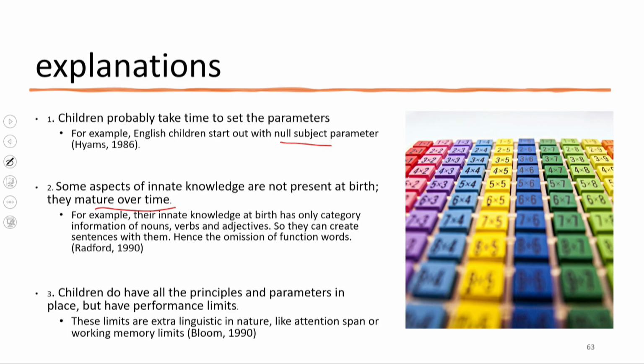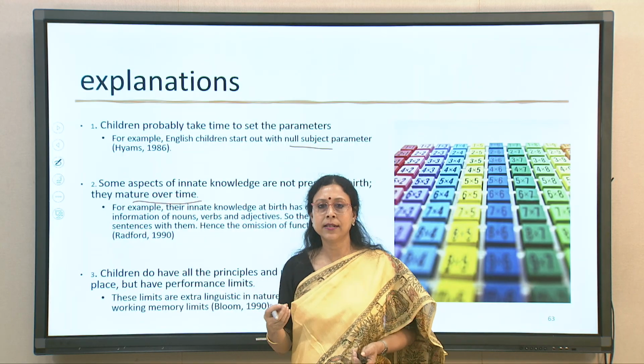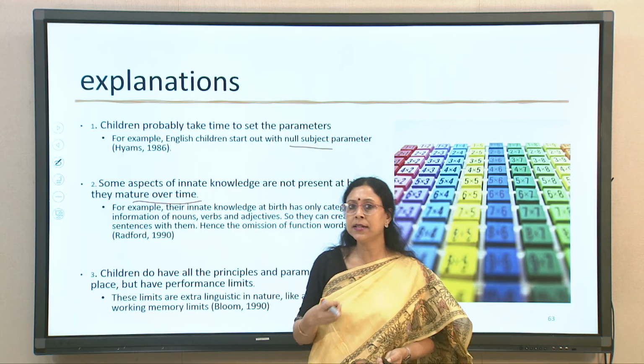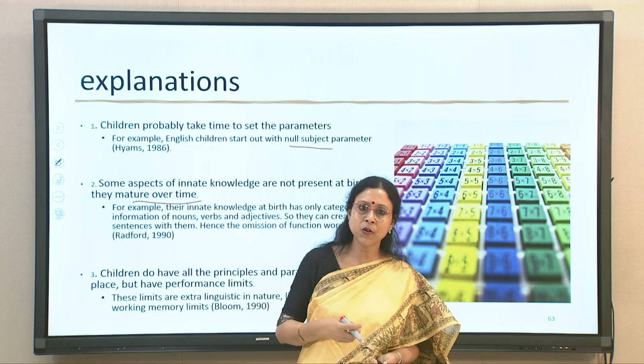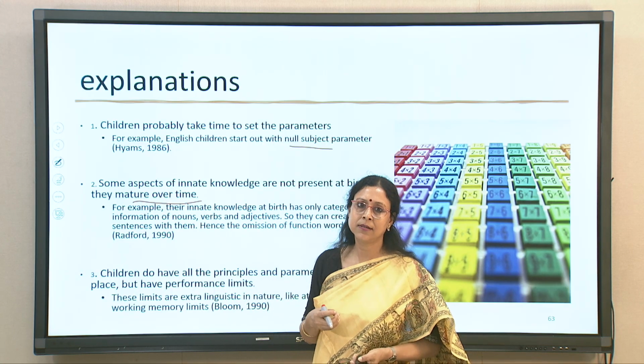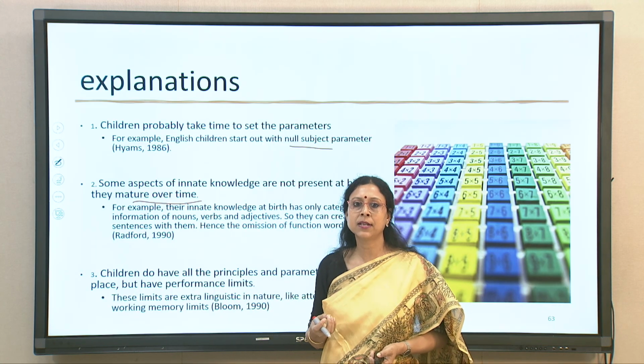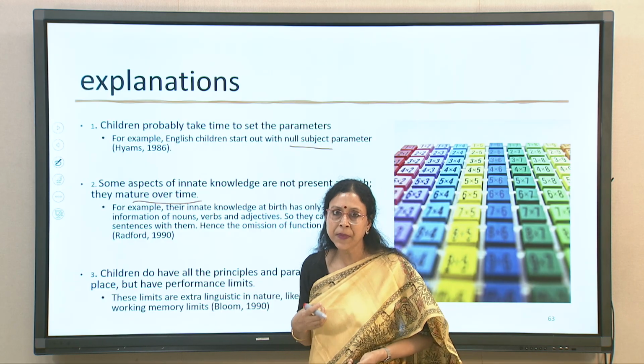Similarly, children do have all the principles and parameters in place, but have performance limits. So, one group says they do not have all of them, but eventually they have them, and they need time to set the parameters. Another group says that some of the innate principles are not present, but they mature over time.